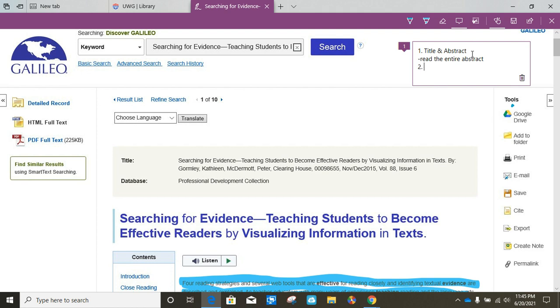The next thing we need to do is a quick read. A quick read is going to consist of reading your subheadings and making a prediction about the text.